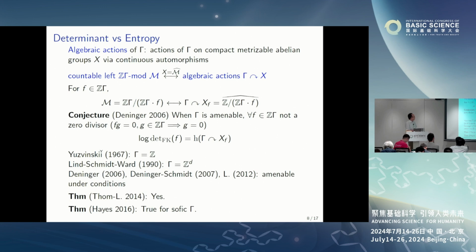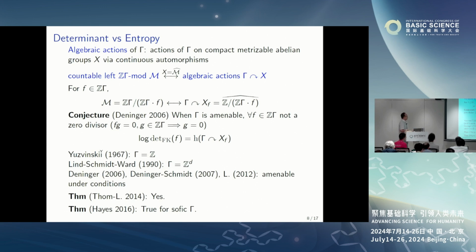Prior to Deninger's question, this was done completely by Yuzvinskii at the very early stage of algebraic dynamics theory, for the case where gamma is just the integer group. Then Lind, Schmidt, and Ward did this for Z^d using commutative algebra tools.